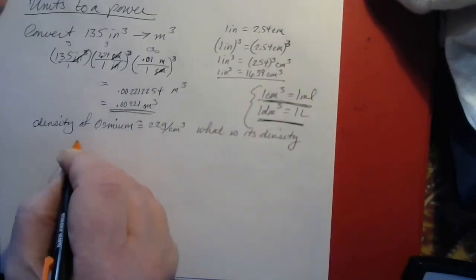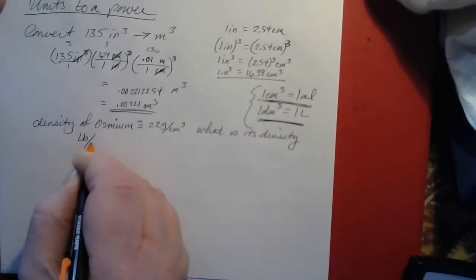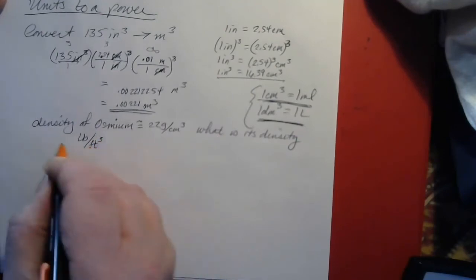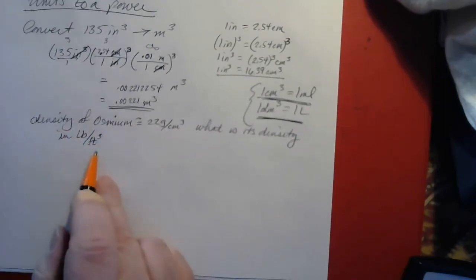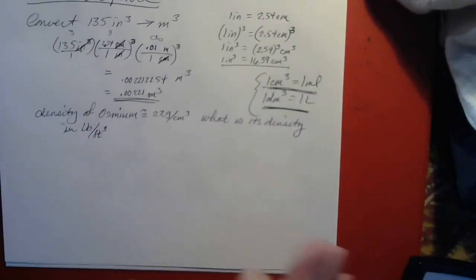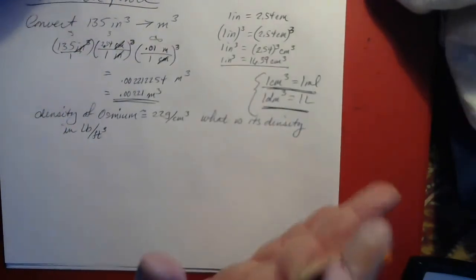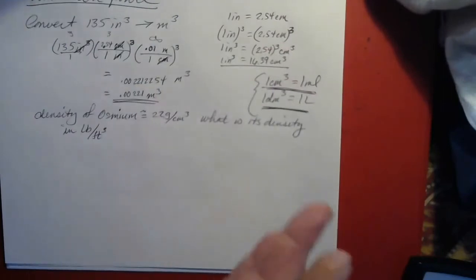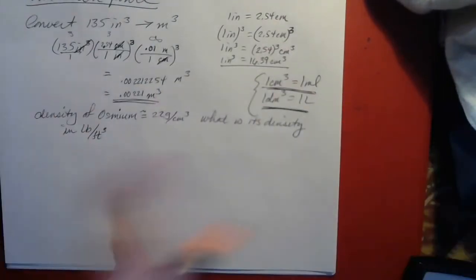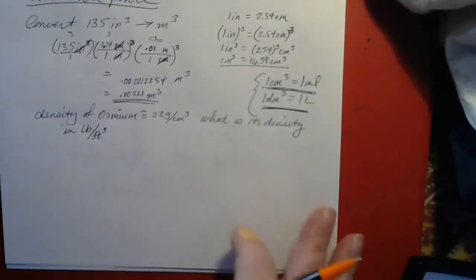So what would that density be in units of pounds per cubic foot? Or in other words, if you had a cubic foot of osmium, a solid block of osmium that's 12 inches on each side, how much would it weigh?